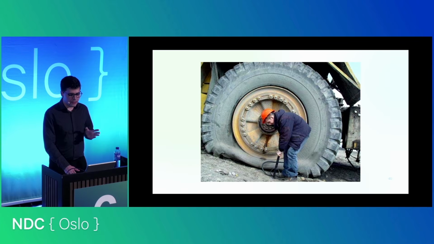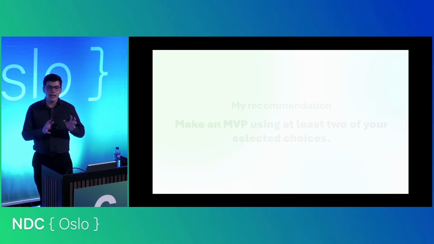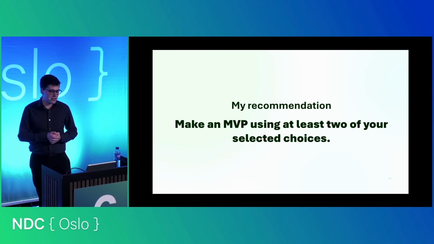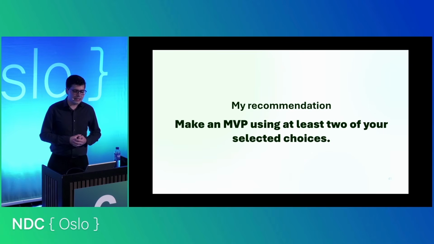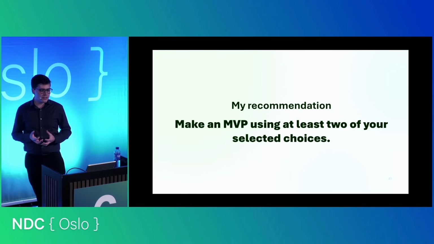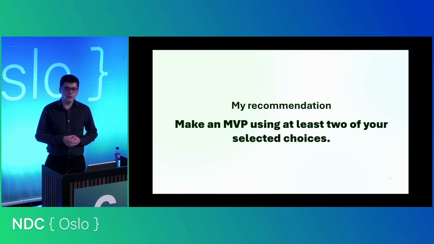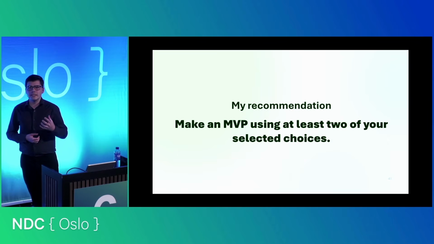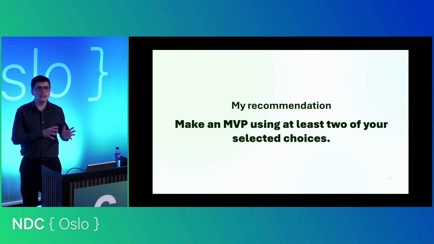So I decided, and as many other articles and many other presenters and speakers and many sites decided, to choose it based on the requirements partially, and do a recommendation, which I really recommend to anyone, to make a minimum viable product if you are able to, using at least 2 of your selected choices.